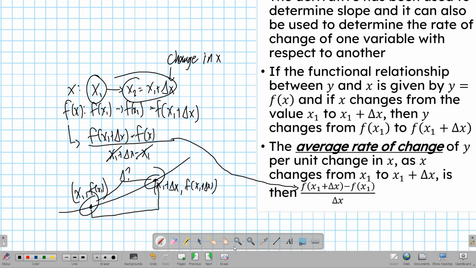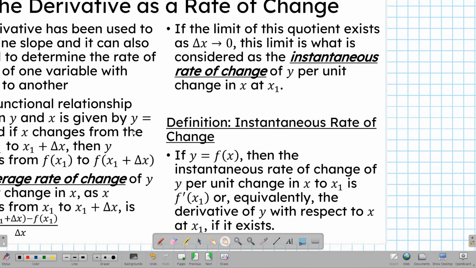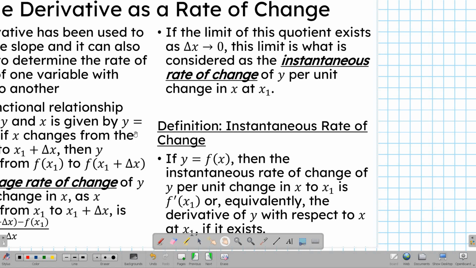Now, if you want to get the change at a specific point, then we find the limit of that as delta x approaches 0. As the change approaches 0, it becomes very minimal, and the change becomes the instantaneous rate of change of y per unit change in x at x sub 1.